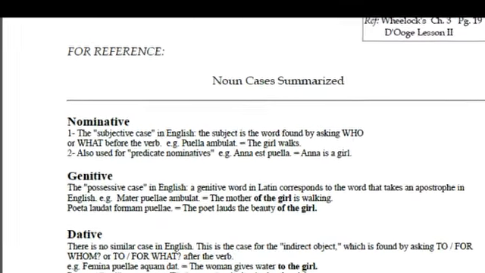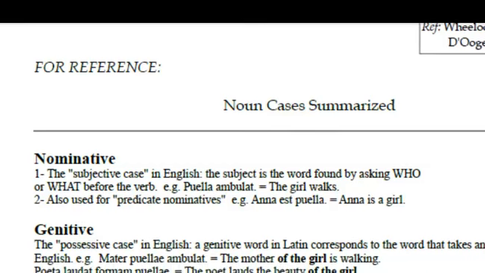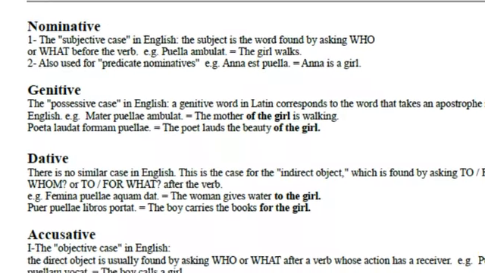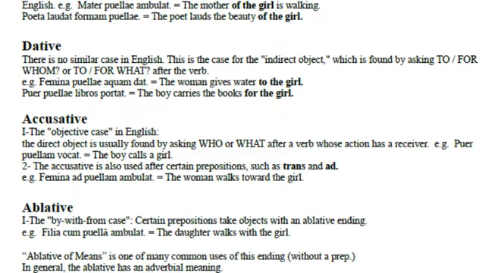The nominative case is what we would call the subjective case in English. And the genitive case is what we call the possessive case in English. The dative is used in Latin for what we call the indirect object, or a phrase that starts with the idea of to or for whom the action was done. The accusative case is a very commonly used case ending, and this is what we call the objective case in English. It's usually found on the direct object of the sentence, but it's also sometimes used on the object of certain prepositions.